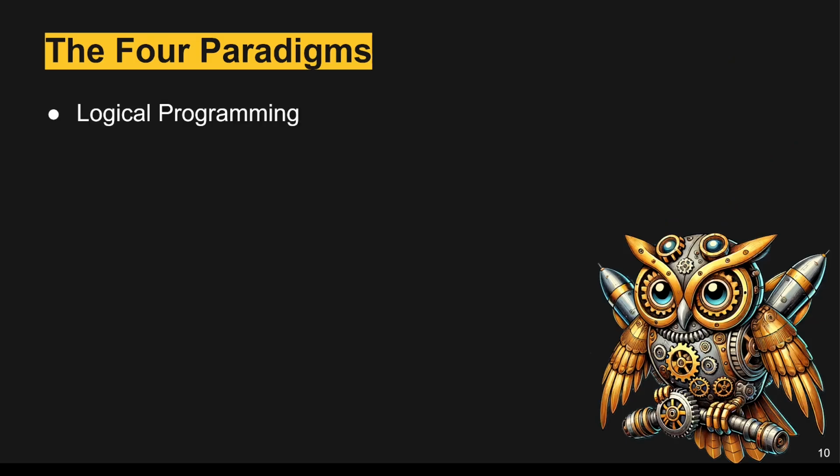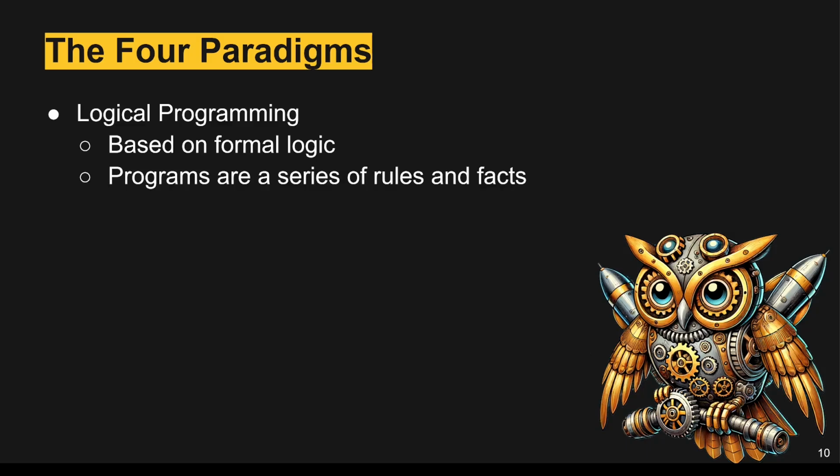The next paradigm that we're going to talk about is the logical programming paradigm. And this one is based on a formal logic approach. And out of all of these paradigms, it is the most abstracted from what's going on behind the scenes. Once we break it down into a binary execution on the processor, it's the furthest away from how the execution works. Programs themselves are a series of rules and facts.